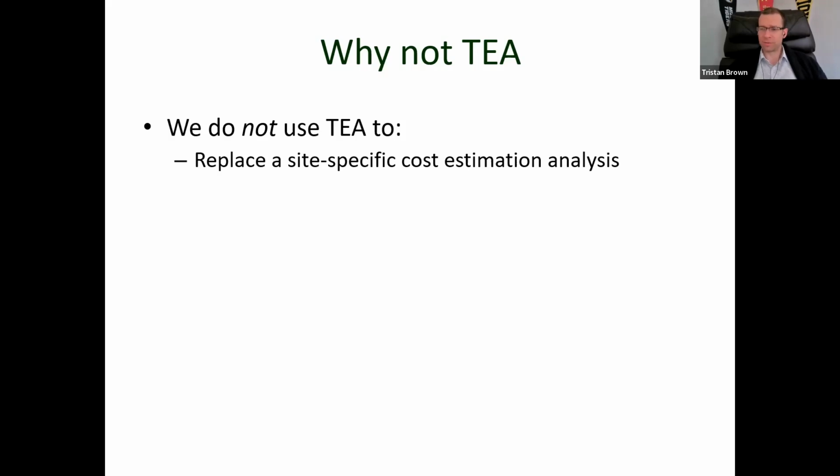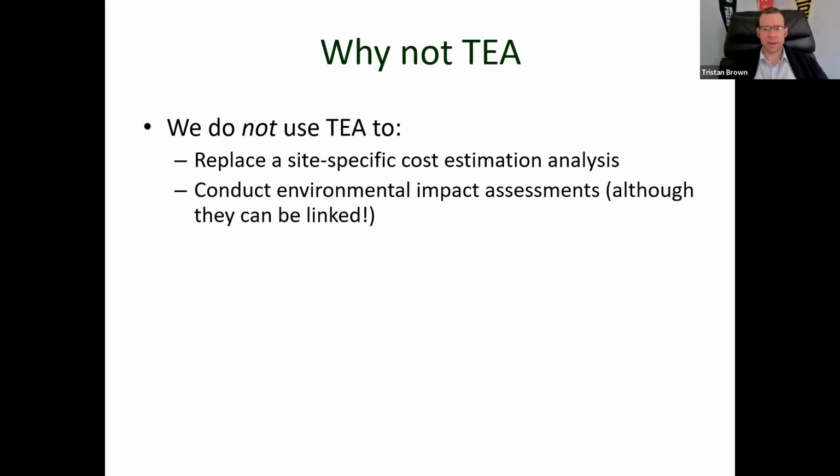This is going to be very different from that, because that is going to be very nuts and bolts understanding for the very specific location, very specific considerations, factors, et cetera. TEA is higher level than that. TEA is not going to go into that level of detail. It can serve as the basis for that level of detail, but it's not the same thing.